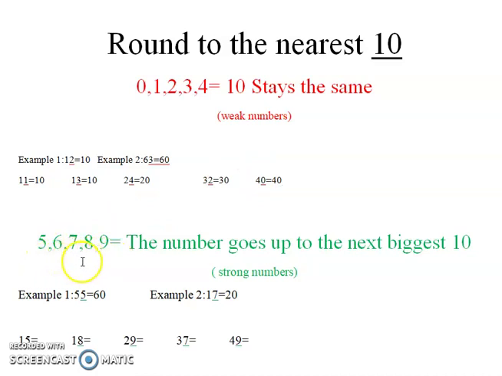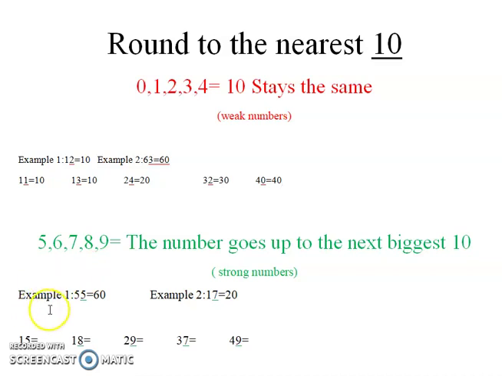If we see these numbers in the ones place value, 5, 6, 7, 8, and 9, well, that's going to indicate that our number in the tens place value, which is here, is going to go up. These are strong numbers. These are going to push our number up to the next number.